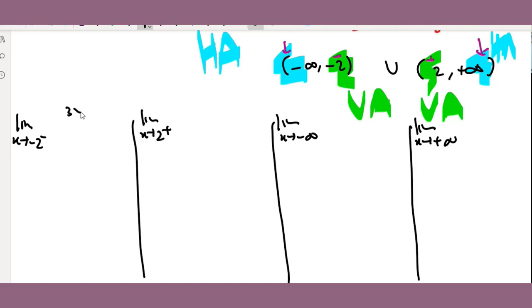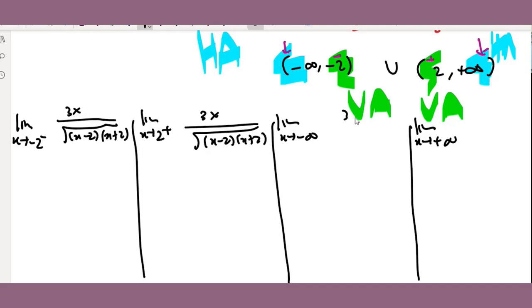Write down the function. For the approaches, it is better to factorize, which is easier to manage. For the infinity ones, just substitute directly and check the problem.